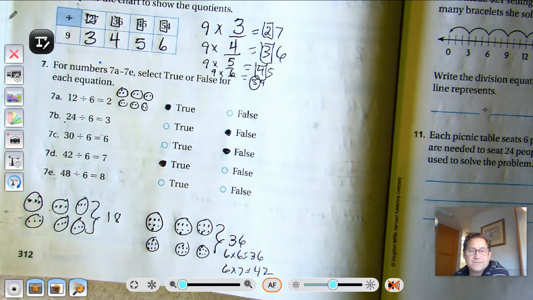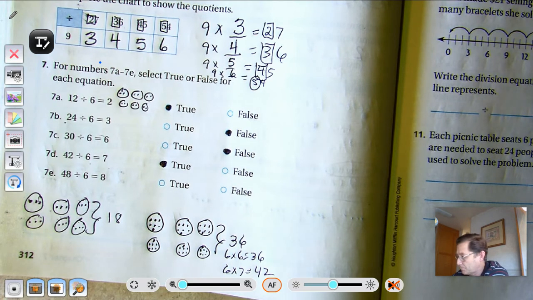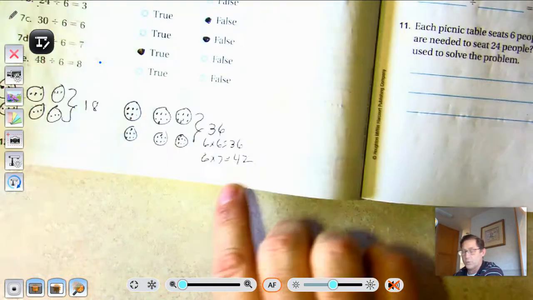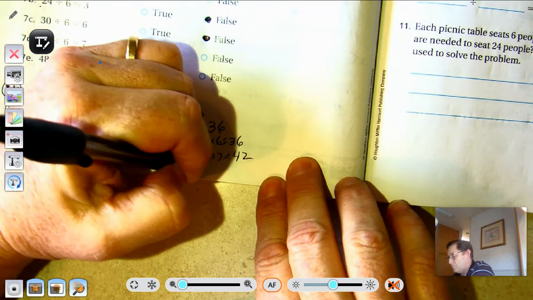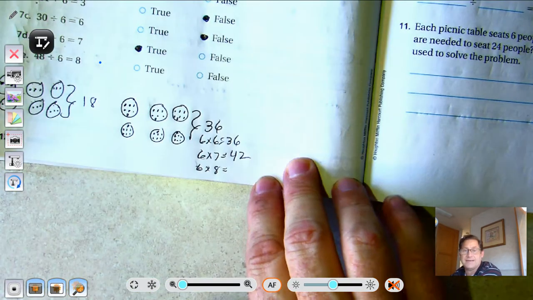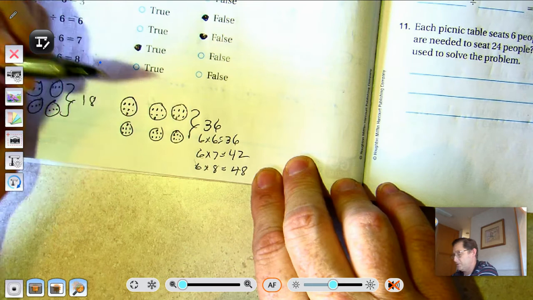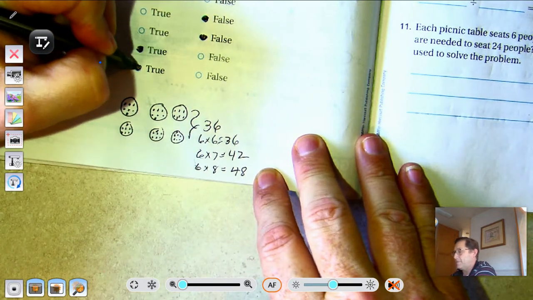And is 48 divided by 6, 48? Well, if 6 times 7 was 42, 6 times 8 is 6 more than 42. And 6 plus 2 is 8. So yes, 48. All right.